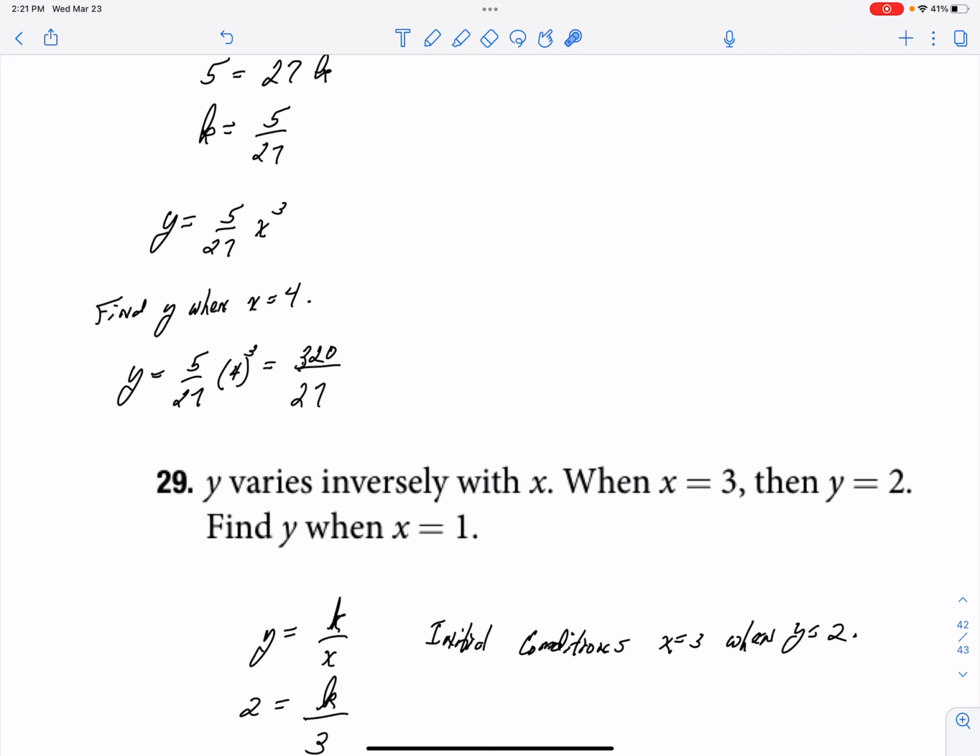Well, the answer is, now we've got our new equation, and we simply plug in 4 for x. So we get y is 5 over 27 times 4 cubed. 4 cubed is going to be 64, and 5 times 64 is 320. So we end up with y is 320 over 27.